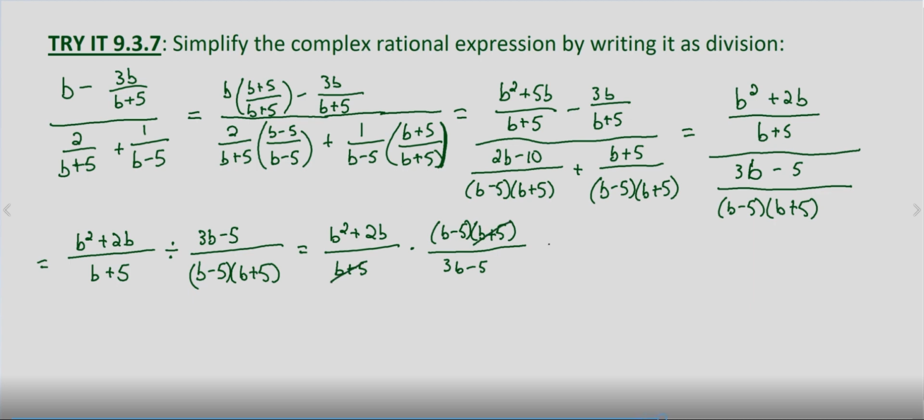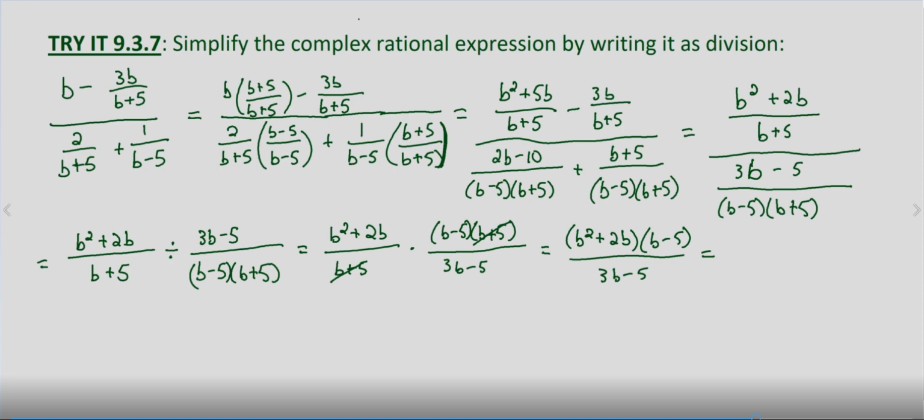And then we end up with b squared plus 2b times b minus 5 all over 3b minus 5. And then that is going to end up giving us, in factored form, I should have gone ahead and just left the b out front instead of multiplying through, I suppose.